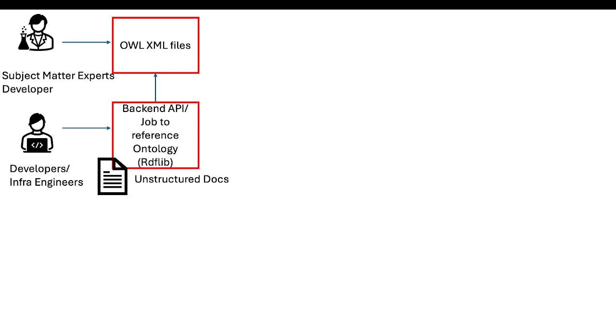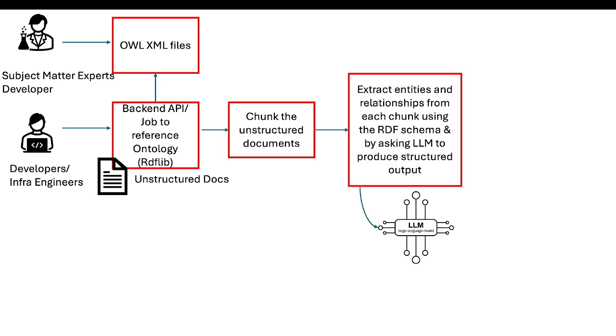Then, following the principle of RAG, you are going to chunk these unstructured documents, and then instead of directly passing and getting the entities from them, you are going to extract the entities and relationships from each chunk using the schema, the resource description framework schema that is defined in the ontology web language files above, and you will ask the LLM to produce the structured output.